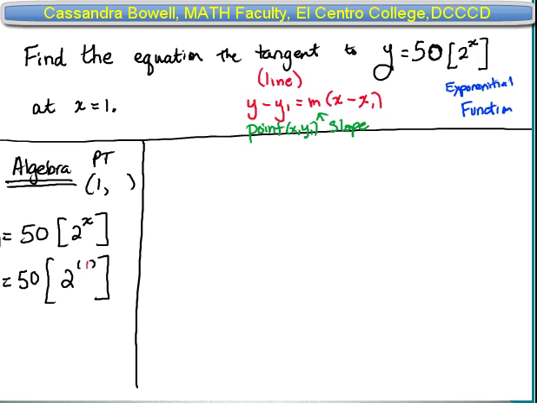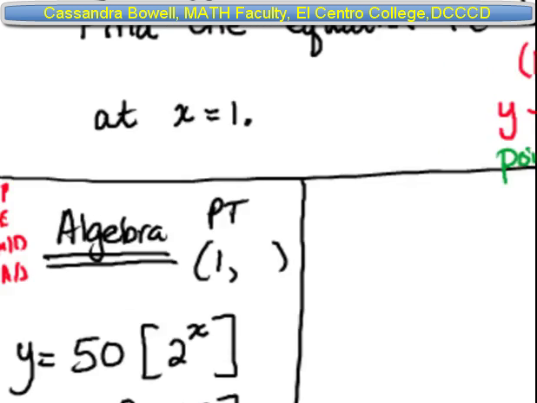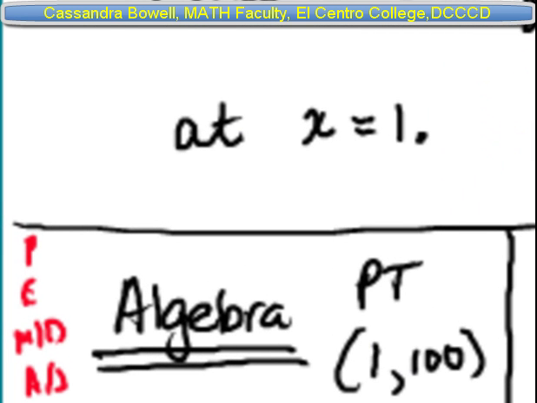Exponentiation comes before multiplication. So this exponent has to be computed before I multiply by 50. So here we actually get 50 times 2, so our y value is 100. So the point is (1, 100).